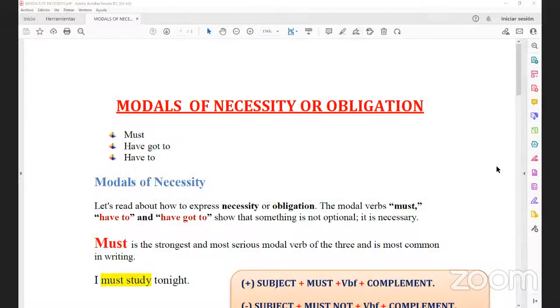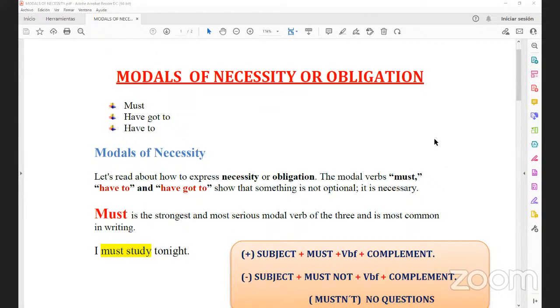When we talk about necessity or obligation, we're talking about strong, really strong things. Okay, really strong things.